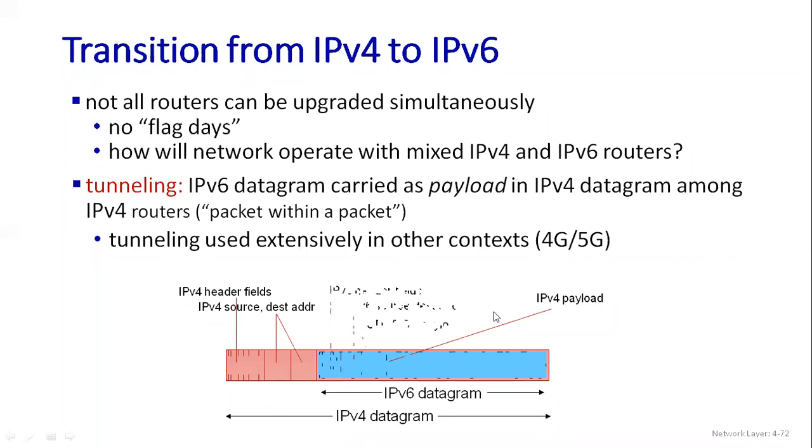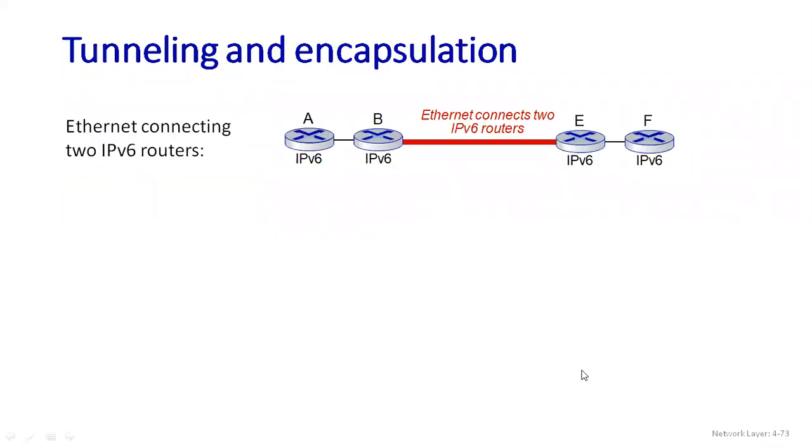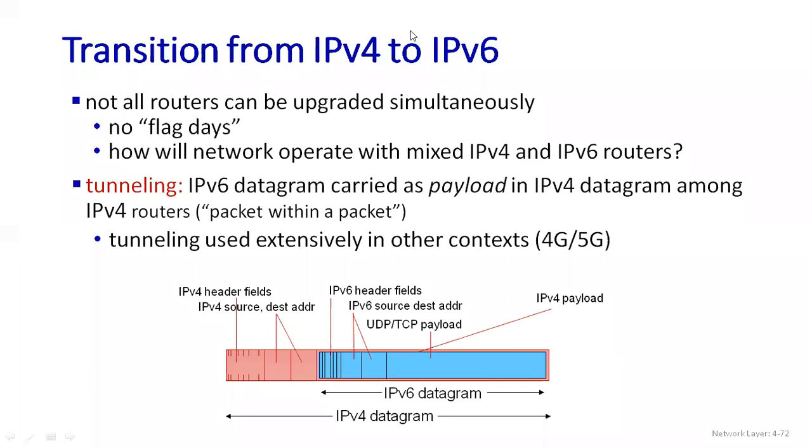That is what is considered tunneling. Once tunneling starts, inside the IPv6 datagram itself it will create the headers, the source address and destination address, and if it has some UDP or TCP payload, that also it will create. All these things will be inside the packet, inside this IPv4 datagram. This concept is known as tunneling. So this is all about IPv4 to IPv6.